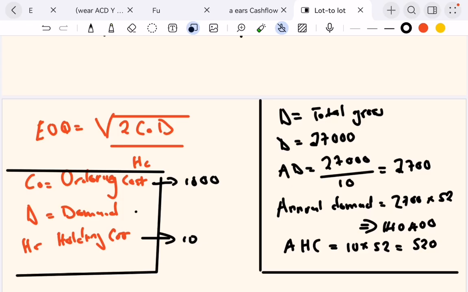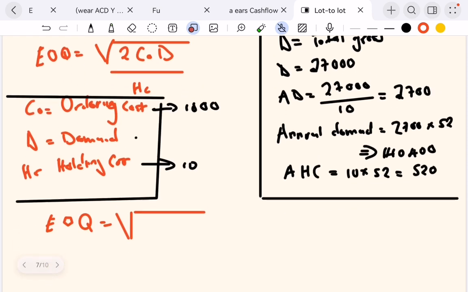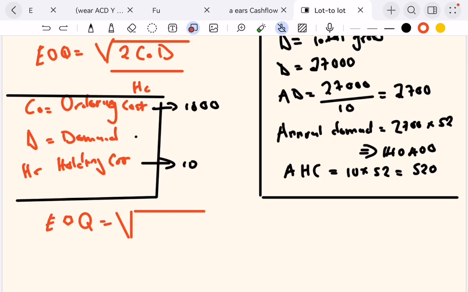So it will be EOQ is equal to square root of 2 times the ordering cost, which is 1,000, times the demand, which is 140,400, over the holding cost.